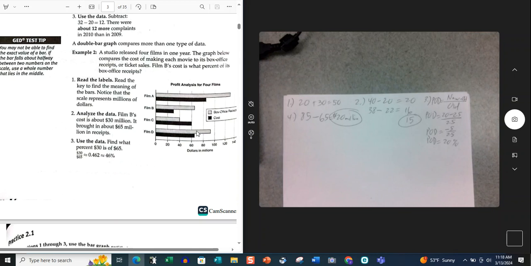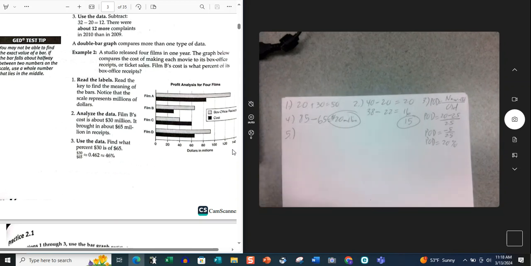So that would be one way. Now, of course, as we get these larger numbers, it might not necessarily be so. That could be a little trick that will make you get the incorrect answer. So what we would do is just go through and subtract all of them. We'll take the receipts minus the cost.